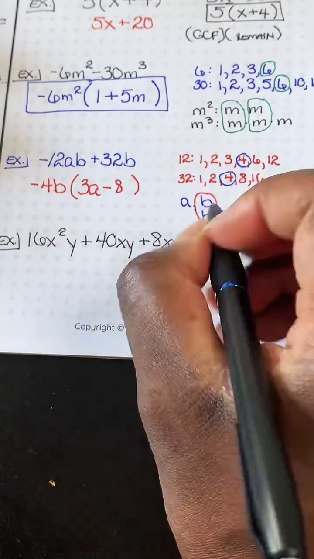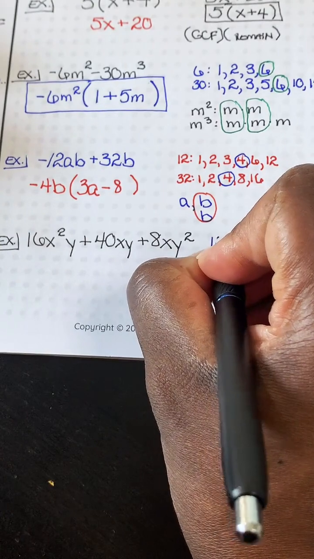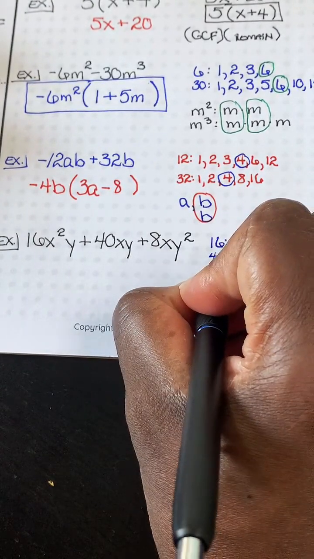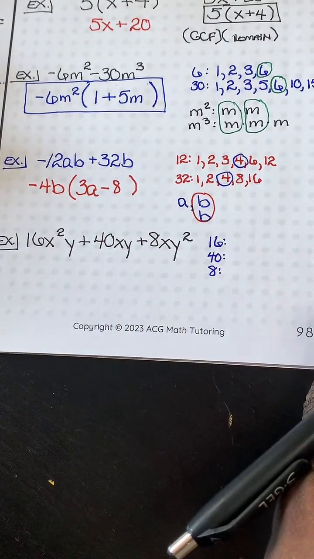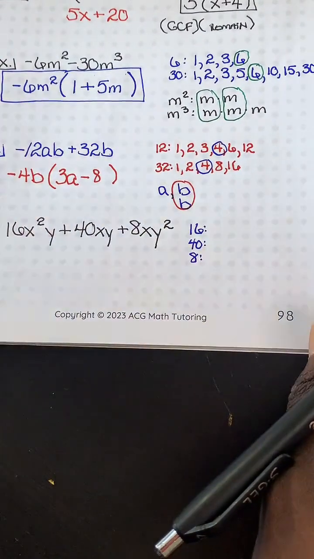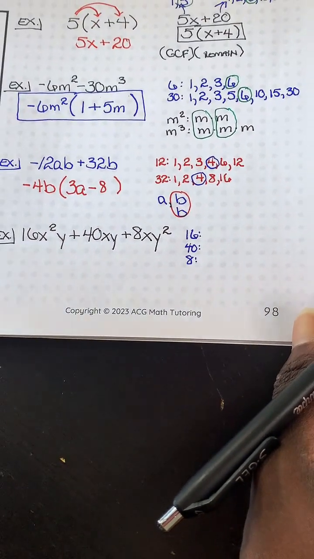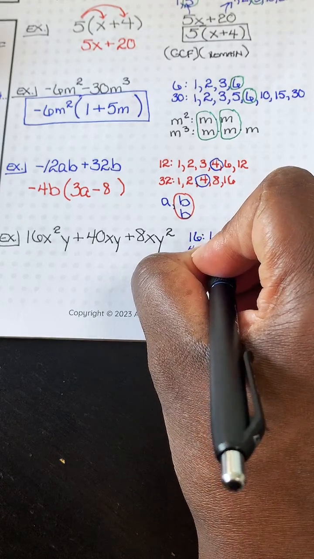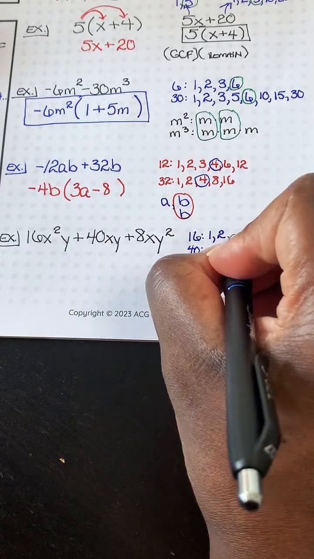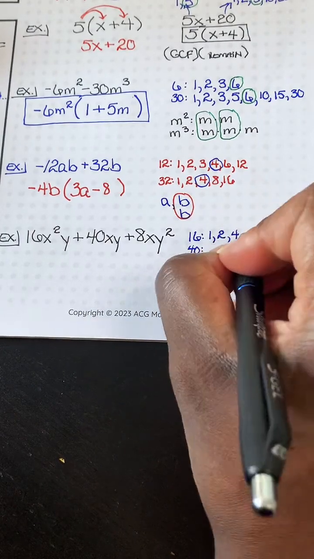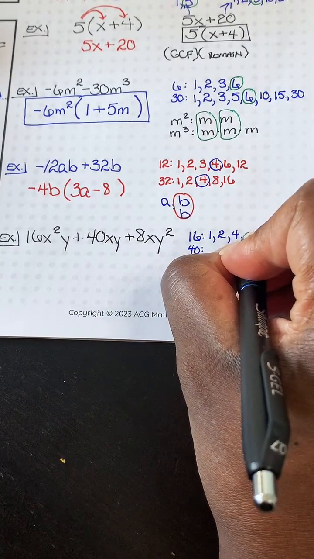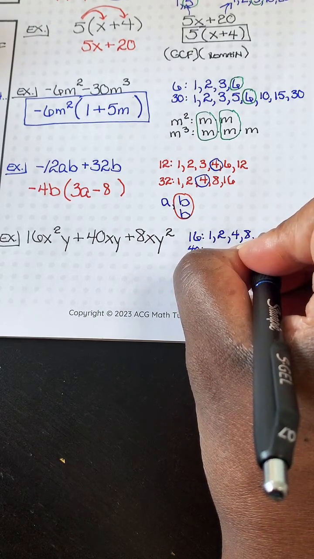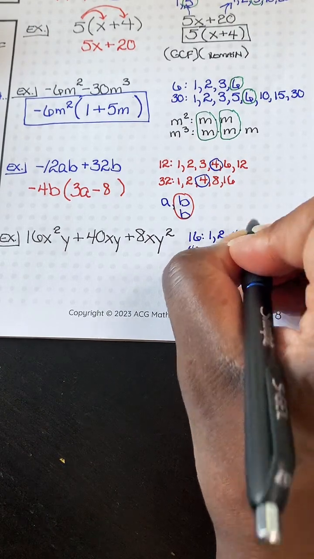Got our 16, got our 40, got our 8. So for 16, let me shrink just a hair. 16 is definitely in the ones times table, 2s, 4s, not 5s, not 6s, definitely 8s, and 16, yes.